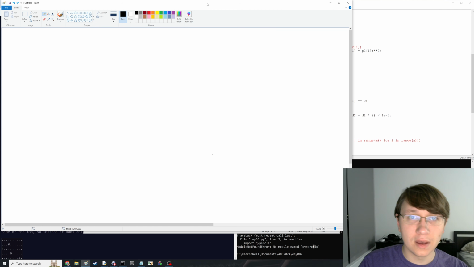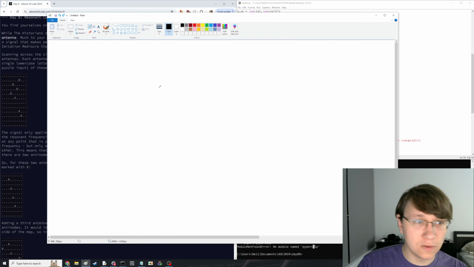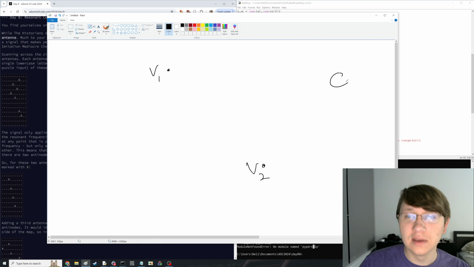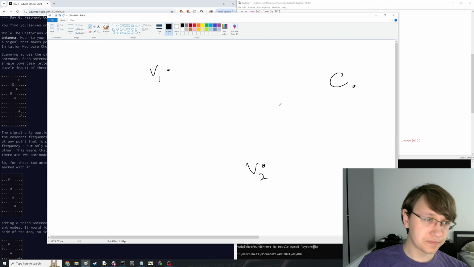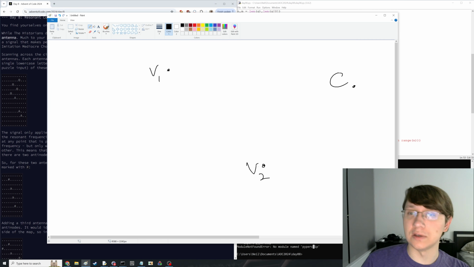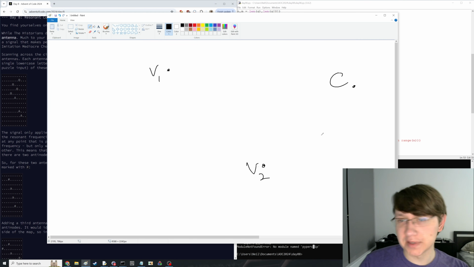Okay, cool. So what I do is, if we have two nodes that we're considering, call this one V1 and this one V2. If you want to check if some other candidate point, C, is in line with both of them, you want to check if these three points are collinear.